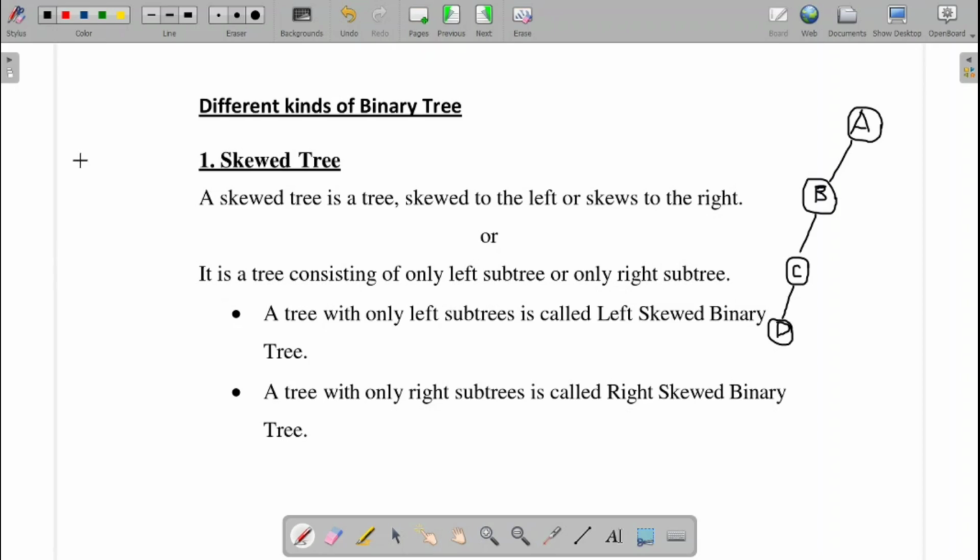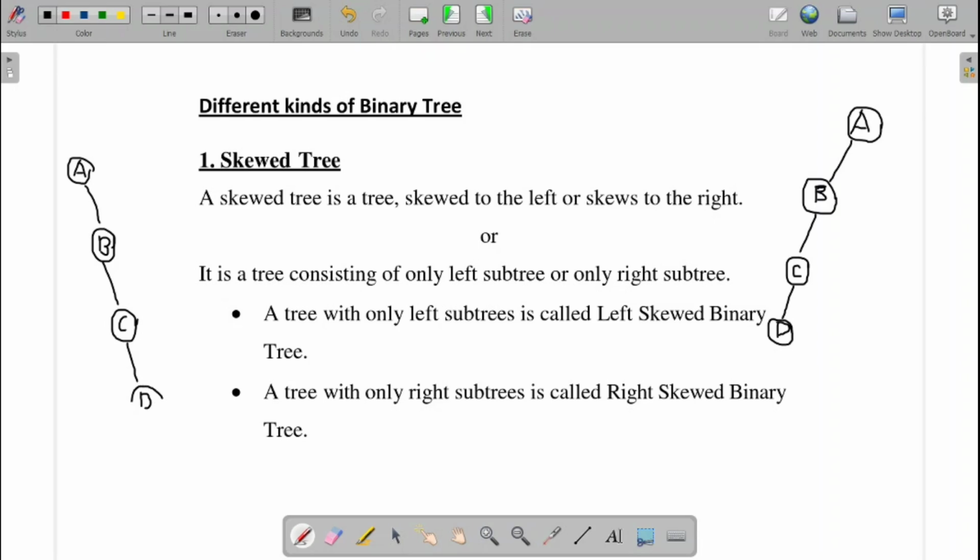In the right skewed tree, the children are present along the right side. All the children are connected as right children. So the skewness can be either on the left side or on the right side.